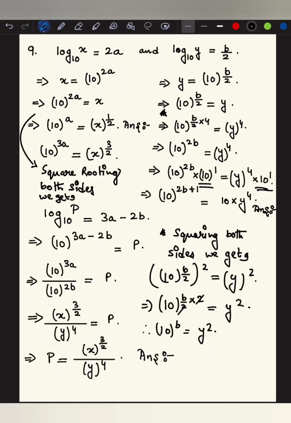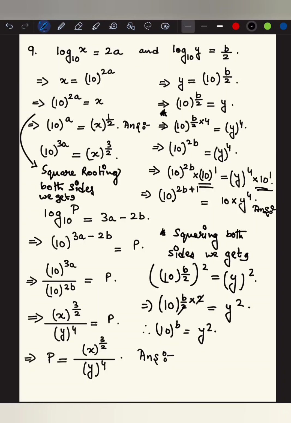That is equal to p, which implies 10 to the power 3a means what? 10 to the power a was x to the power half. Now cubing both sides, we get 10 to the power 3a equals x to the power 3 by 2. So 10 to the power 3a I have written as x to the power 3 by 2.